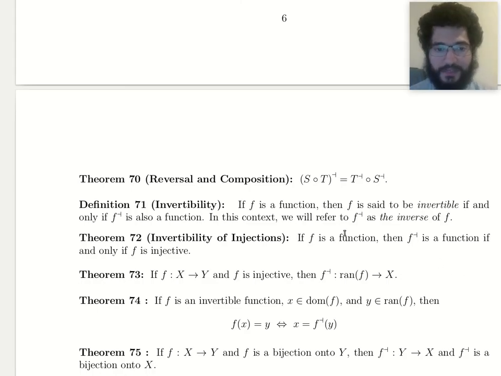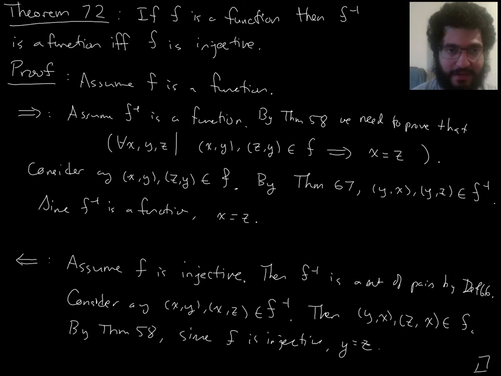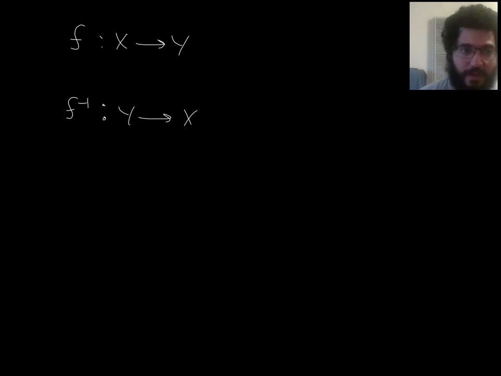Now, it's kind of tempting to think that if you have f injective from x to y, then since f reverse is now a function, it would map y to x, right? It's tempting to think that because you're just flipping the arrow around. But be careful, because the mapping notation is not symmetric in how it treats x versus y.